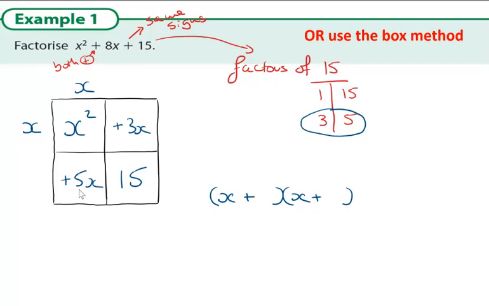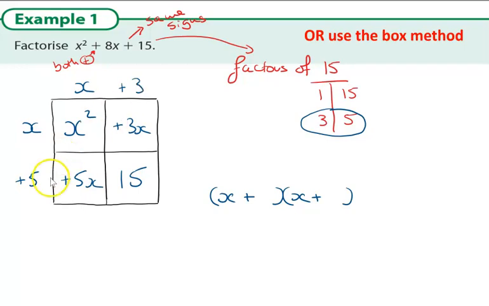So then I think to myself, well, what multiplied by x gives me 5x? And then what multiplied by x gives me 3x? So it's going to be 5 and 3. So 5 times x is 5x, or you could say 5x divided by x is 5. And then 3 times x is 3x, or you could say 3x divided by x is 3.